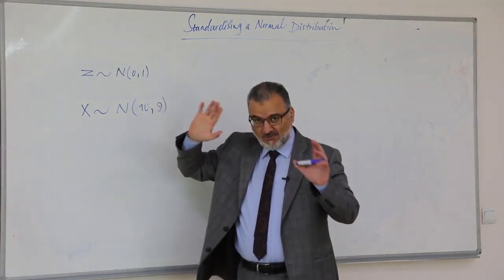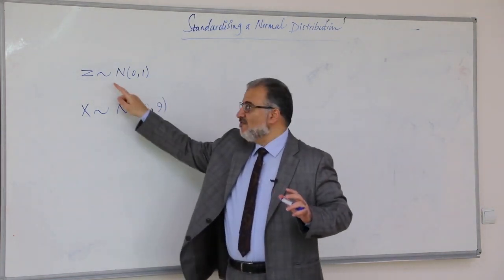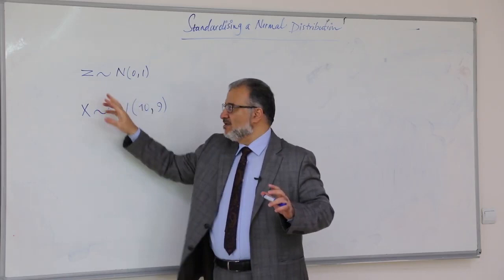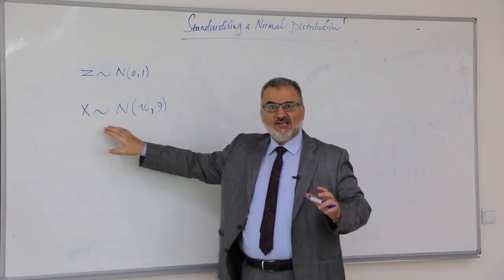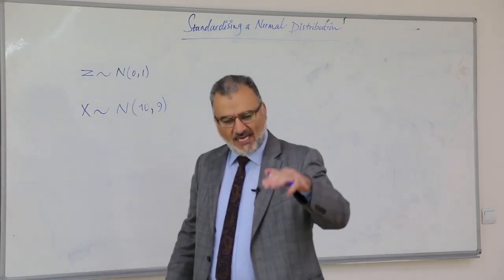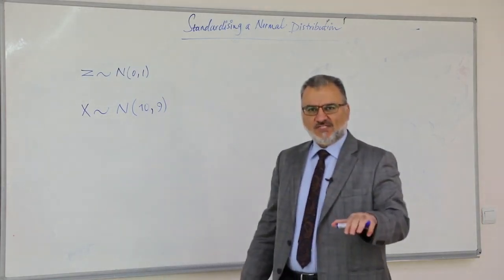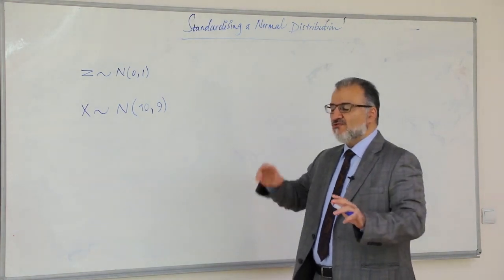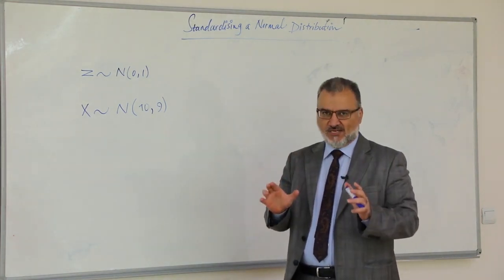We studied before how to find the probability involving a standard normal distribution. But what about this case? Yes, we can, and we can use even the tables of the standard normal distribution, through the process of standardization.